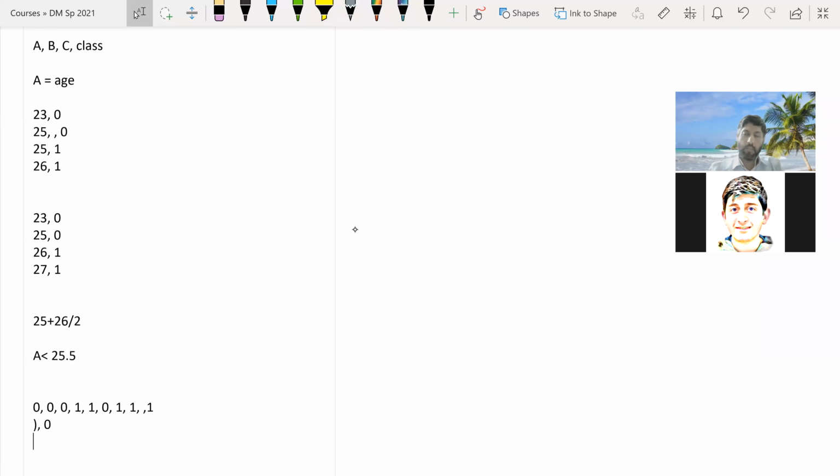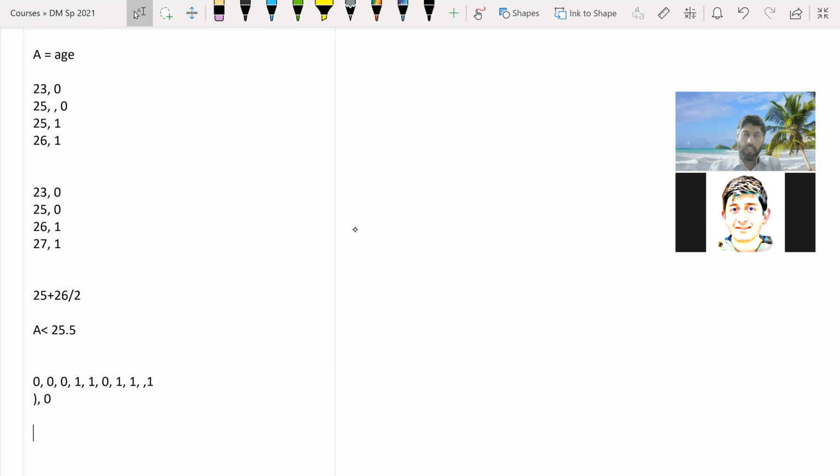So even though you are checking just one attribute A, you are checking 3 positions within that attribute, and among those three possibilities you choose the best.